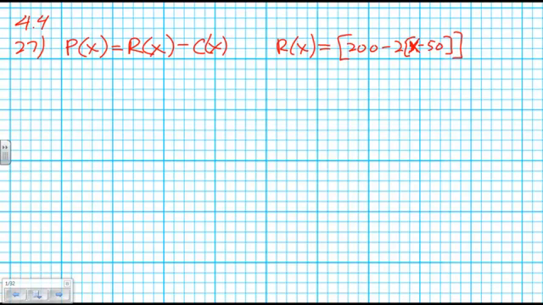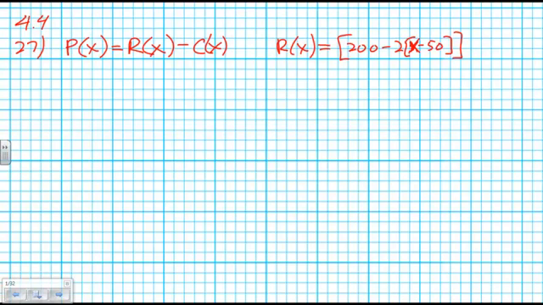Now that's how much it costs per person. If it was exactly 50, 50 minus 50 is 0, so exactly $200 per person. If there were 51 people, 51 minus 50 is 1, so it would be 200 minus 2, $198 per person.